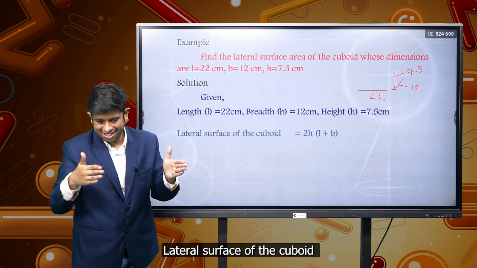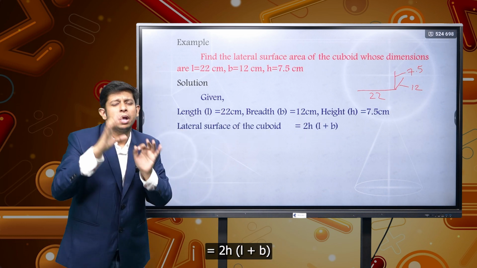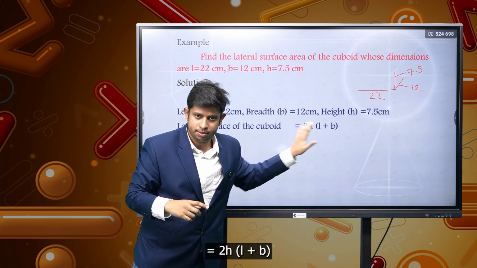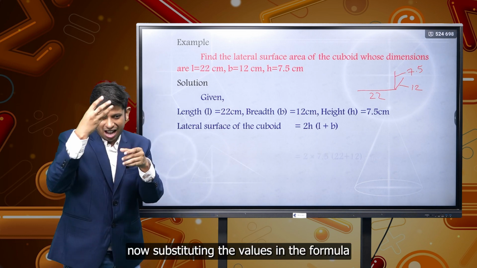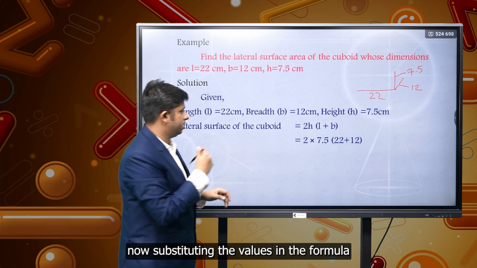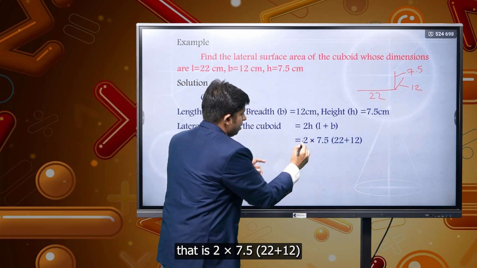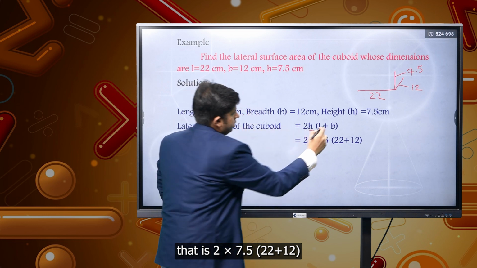We know the lateral surface area of the cuboid is equal to 2H into L plus B. Now substitute the values in the formula, that is 2 into 7.5 into 22 plus 12.